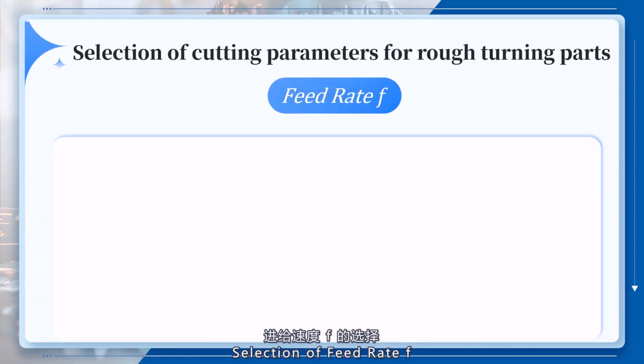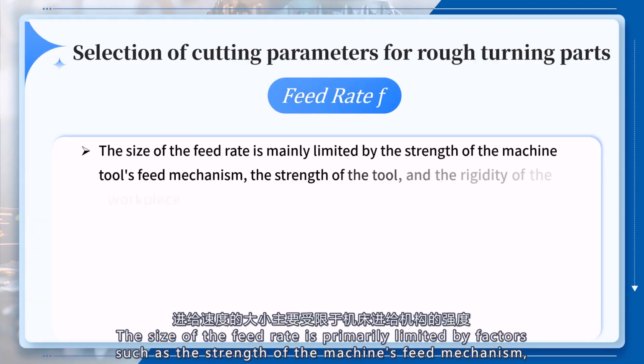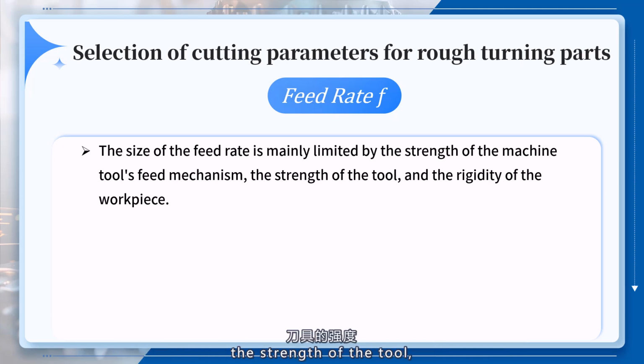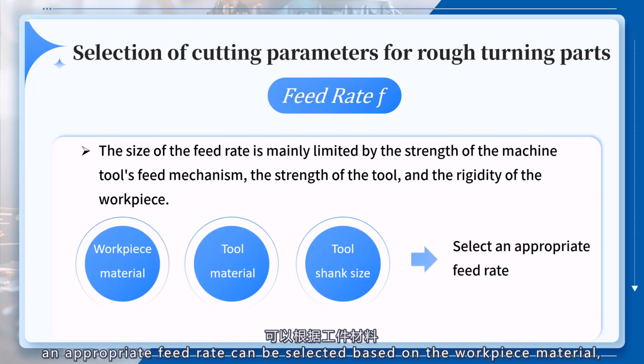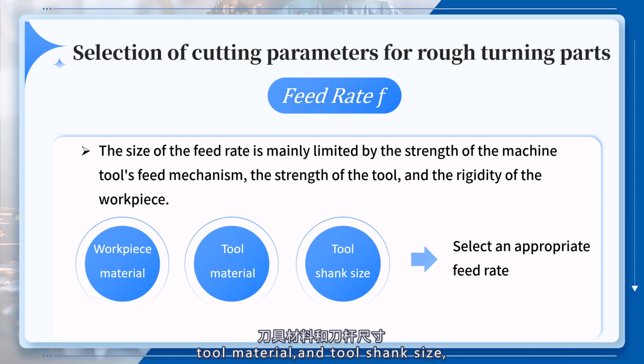Selection of feed rate F. The size of the feed rate is primarily limited by factors such as the strength of the machine's feed mechanism, the strength of the tool, and the rigidity of the workpiece. During rough turning, an appropriate feed rate can be selected based on the workpiece material, tool material, and tool shank size with reference to relevant manuals.